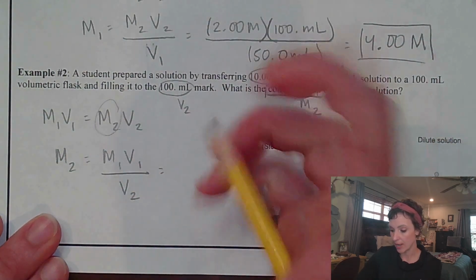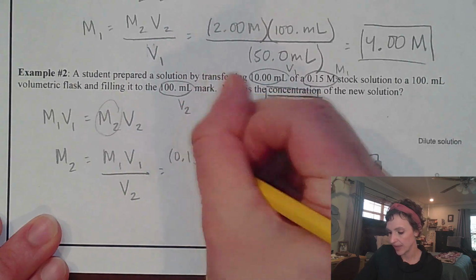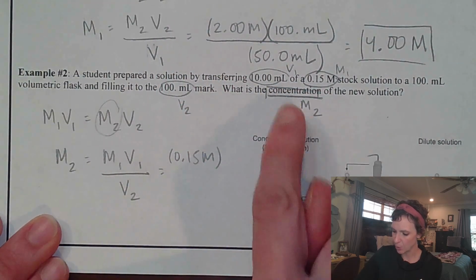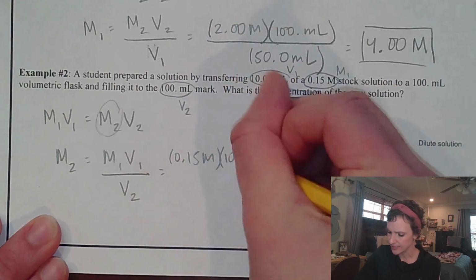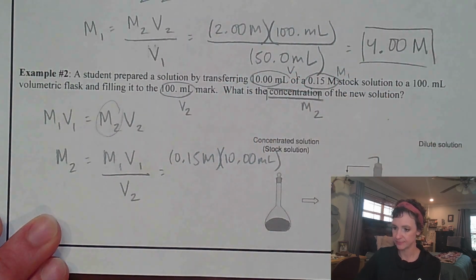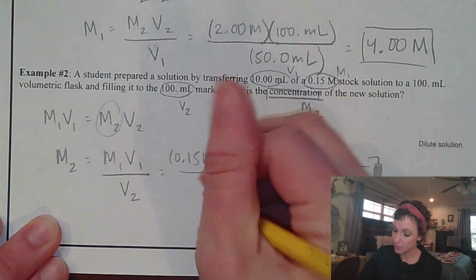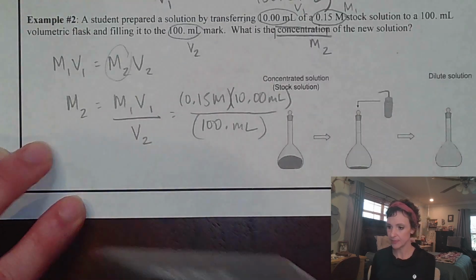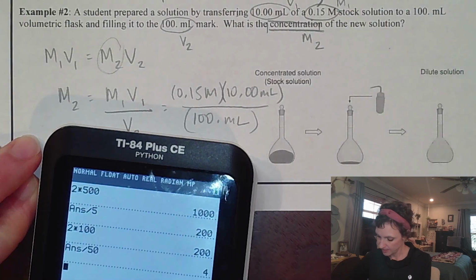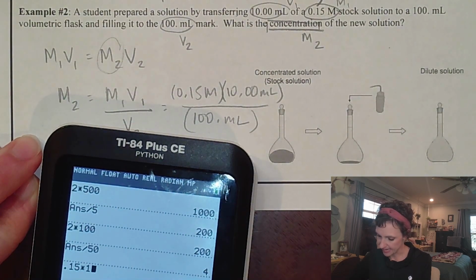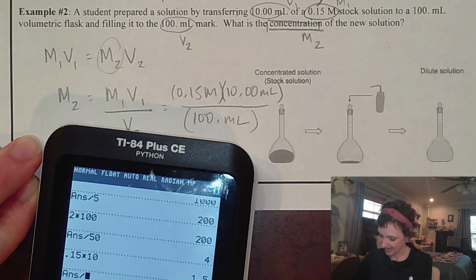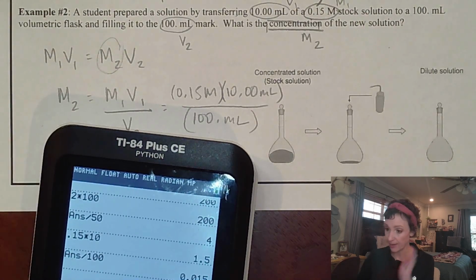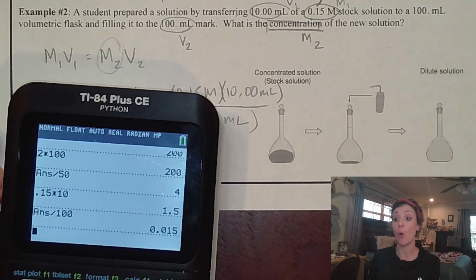My M1 is 0.15 molar. My V1 is 10.00 milliliters. And my V2, we said, was 100 milliliters. Yes? Okay, so calculating that out, 0.15 times 10 divided by 100, I get 0.015.